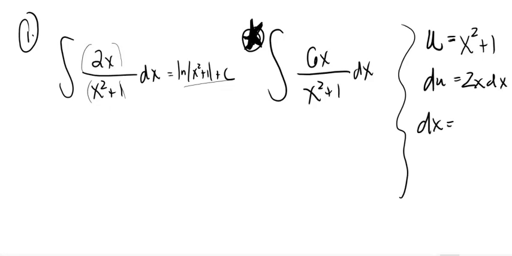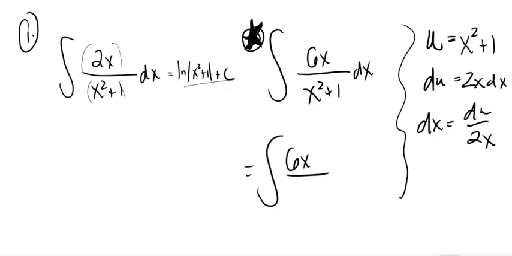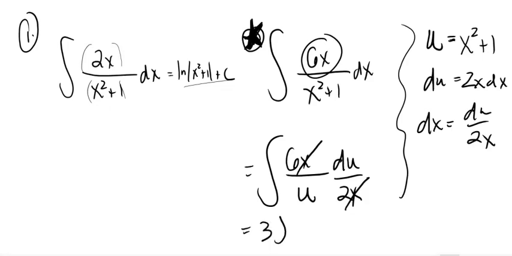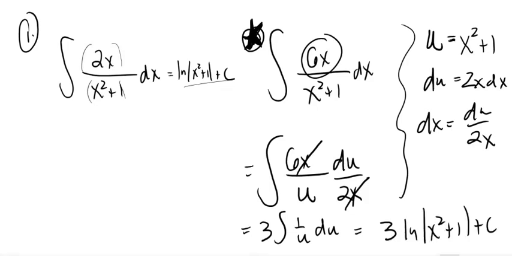I solve for dx. And then I do my substitution. So I do 6x, the denominator is u, dx is du over 2x, and this fixes my problem that I didn't have exactly the derivative up top. 6 over 2 is 3, and then I get 3 times 1 over u du. I integrate and I'm done.